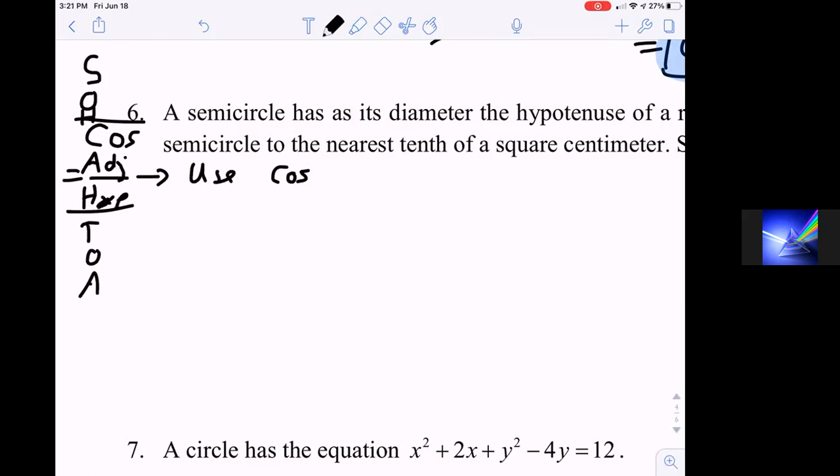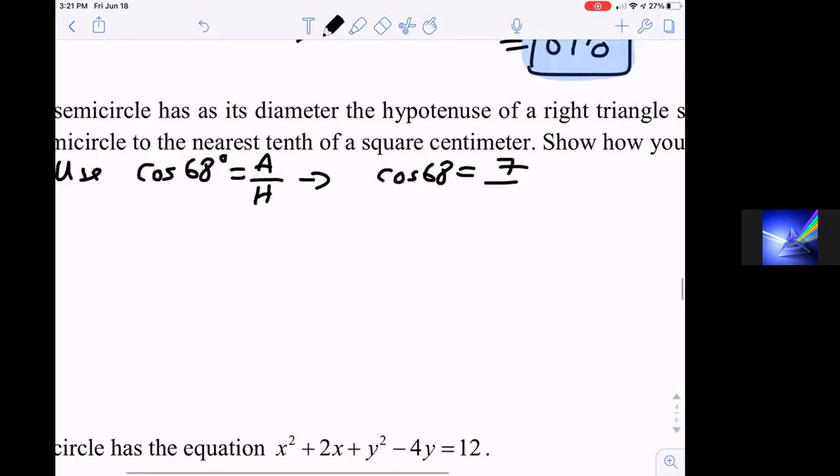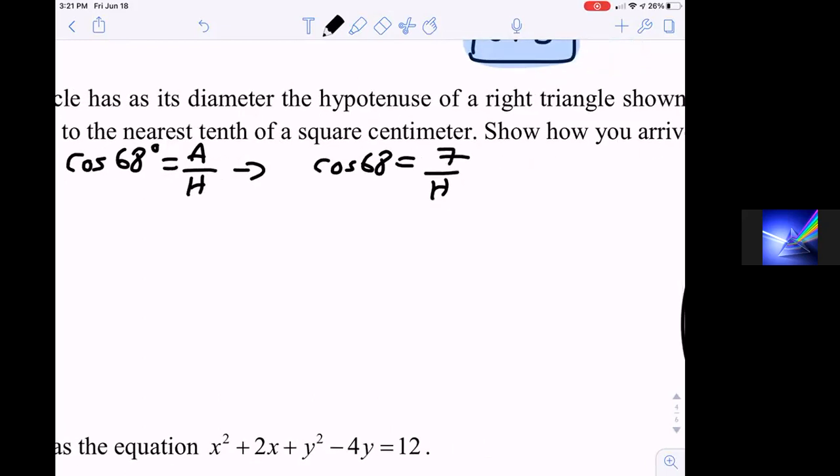So the cosine of 68 degrees is going to be equal to the adjacent side divided by the hypotenuse, okay, which would be cosine of 68 equals the adjacent side, which is 7, over the hypotenuse, which I'll just call h. Now, the easiest way to solve this type of equation where the variable you're looking for is in the denominator, one way you could do this is, of course, put this over 1, take your cross products, and then isolate it that way.